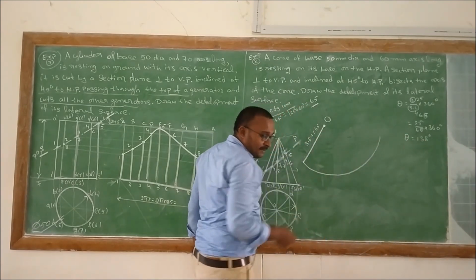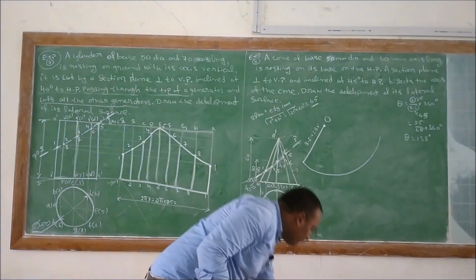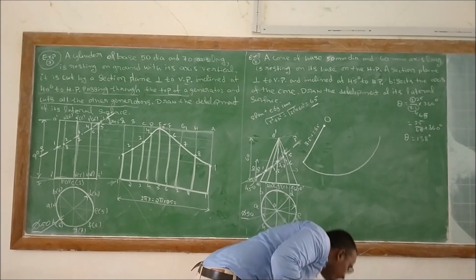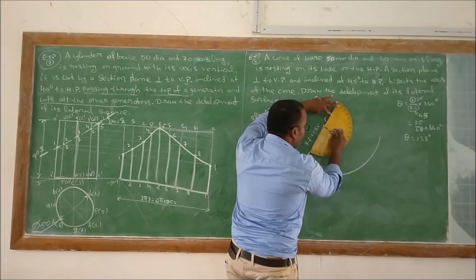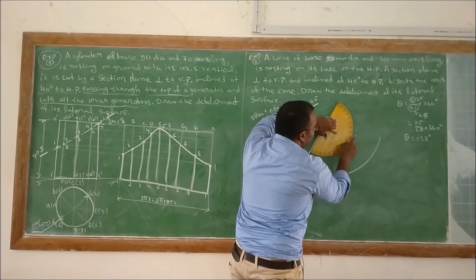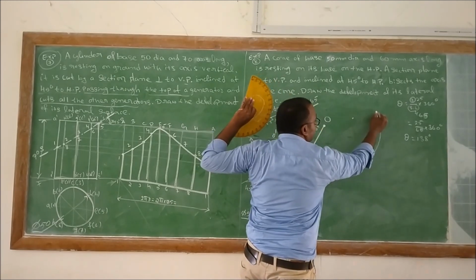So from here we need to mark that 138 degrees angle line. So from here we will have a point on it.